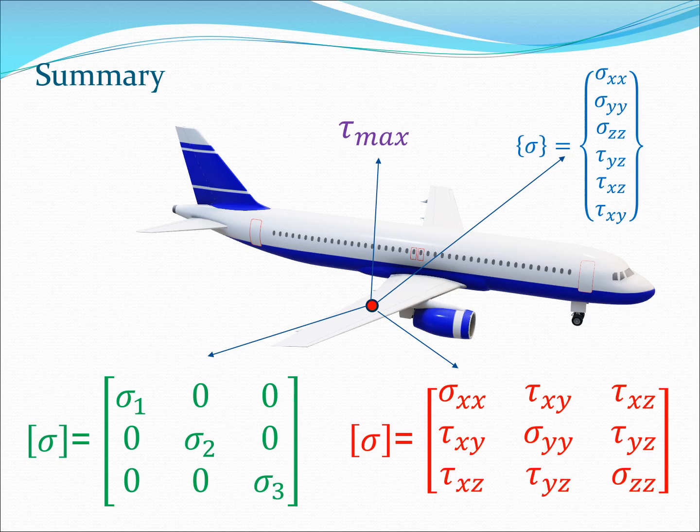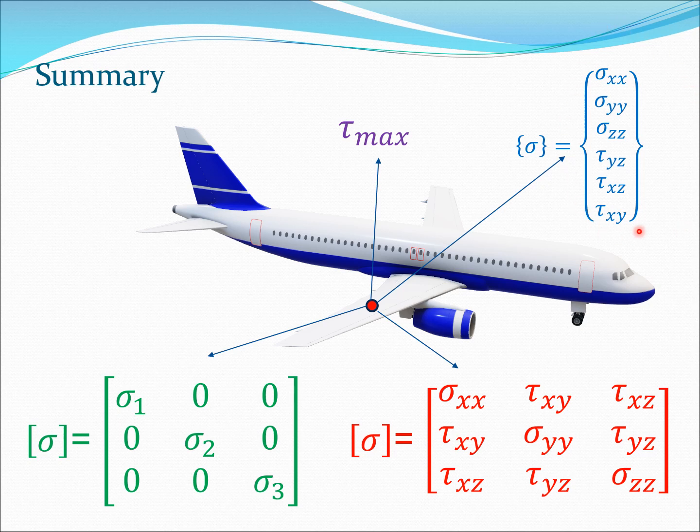So let us summarize some of the thinking behind what has been going on. We saw that if we are at any point on the aircraft, we have a stress matrix associated with that point, which is given by sigma and which has all these components. Then we realize that this is a symmetric matrix, so in certain problems we can write this as a vector. And this was convenient for us when we were trying to get constitutive relations and so on.